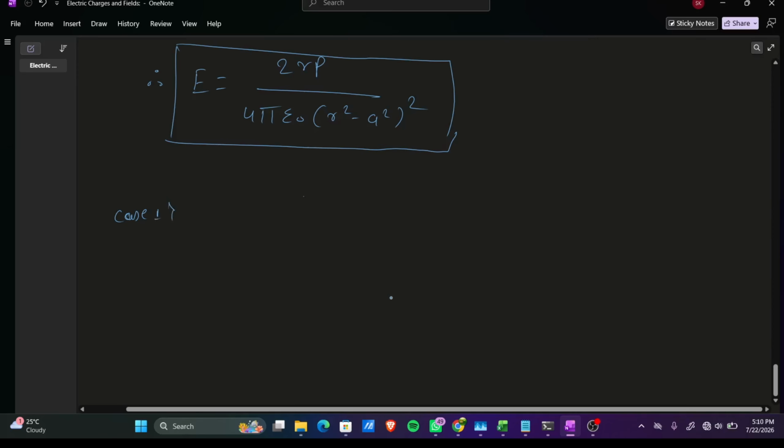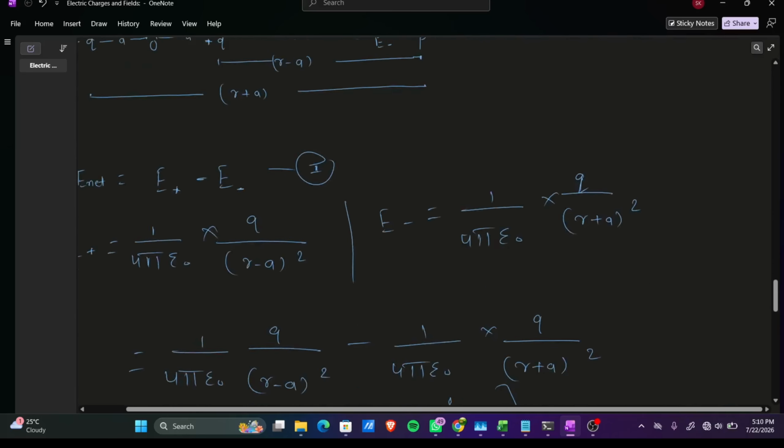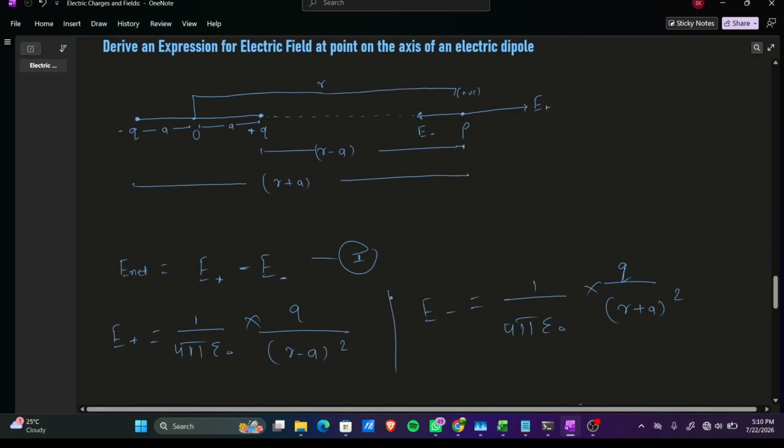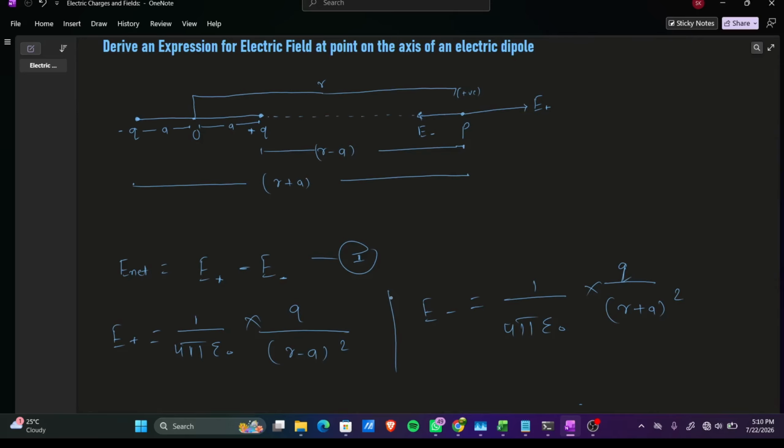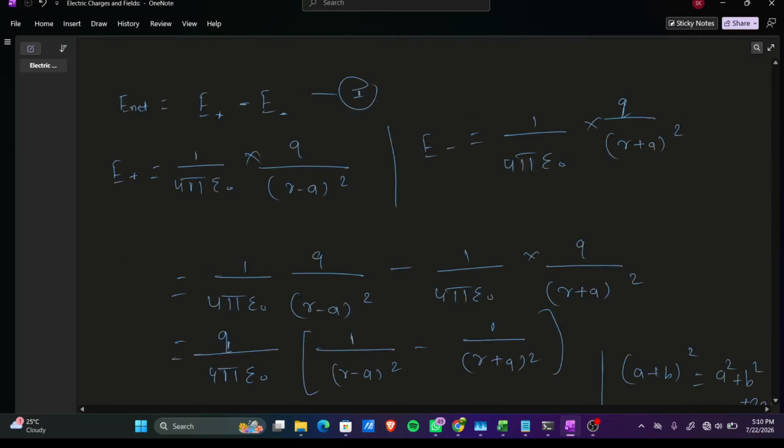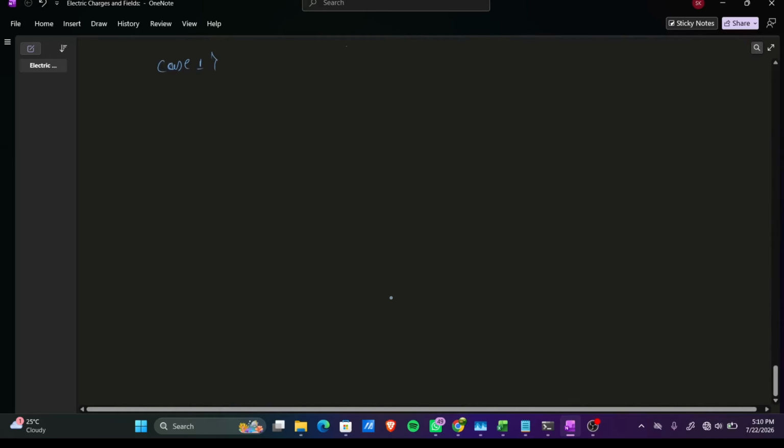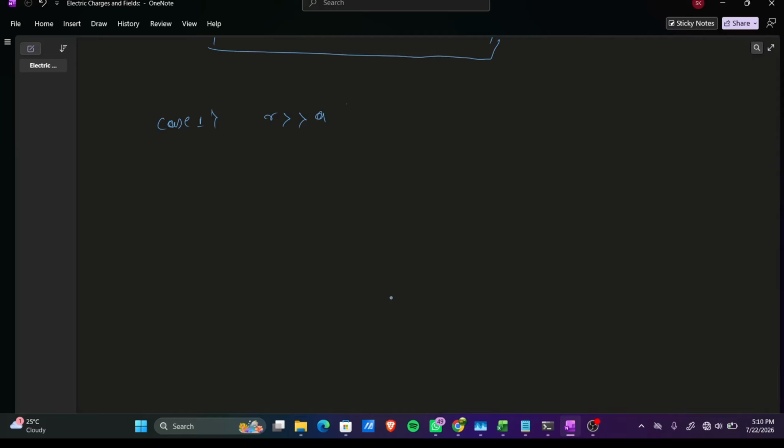Case 1. Let's suppose this distance r is too much compared to this a. Let's suppose r is far away, and compared to this r, a is very small, and we will neglect this a. So a will be negligible.